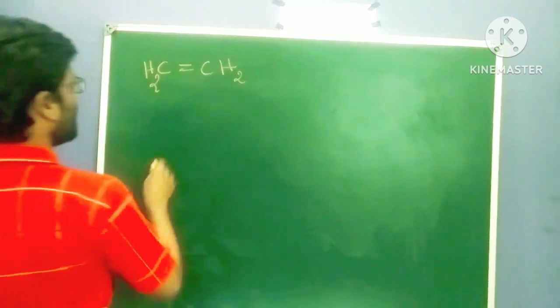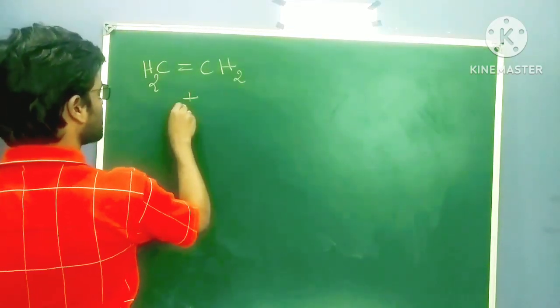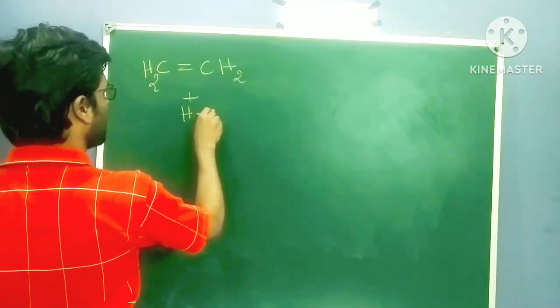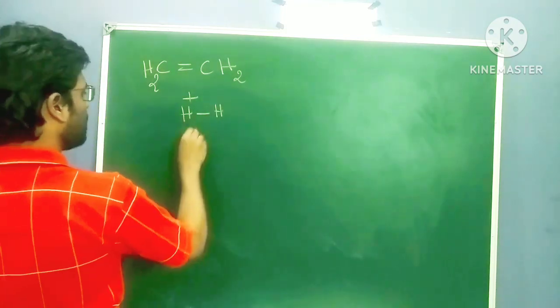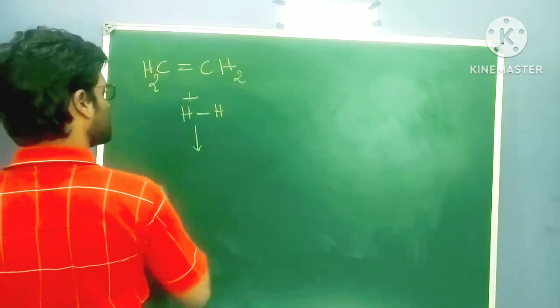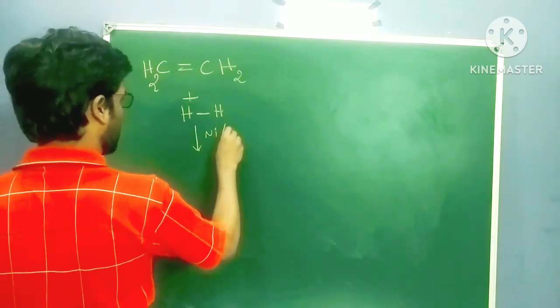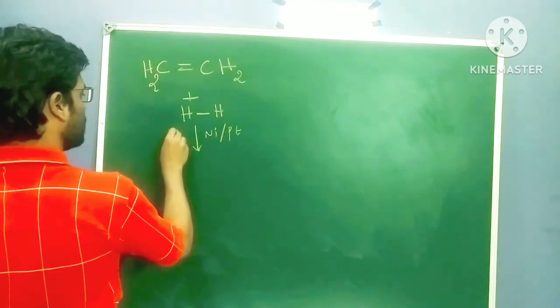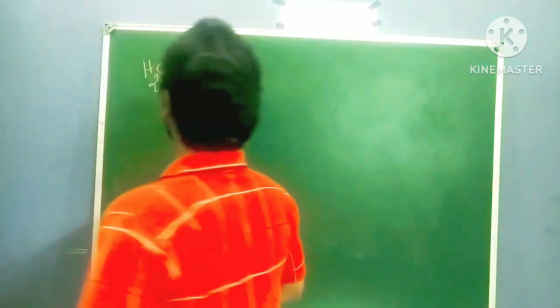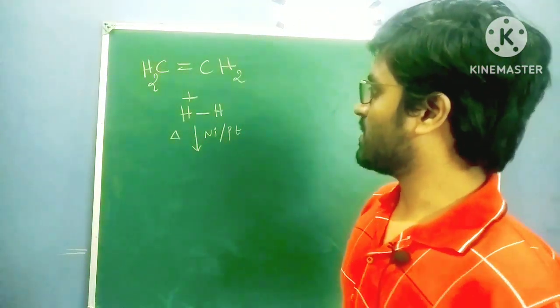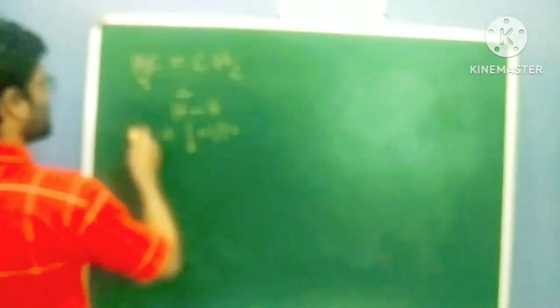I am doing hydrogenation to this system in the presence of a nickel catalyst, or any metal catalyst like platinum, and I am heating it. What happens? Simple. You can go through a radical mechanism also.